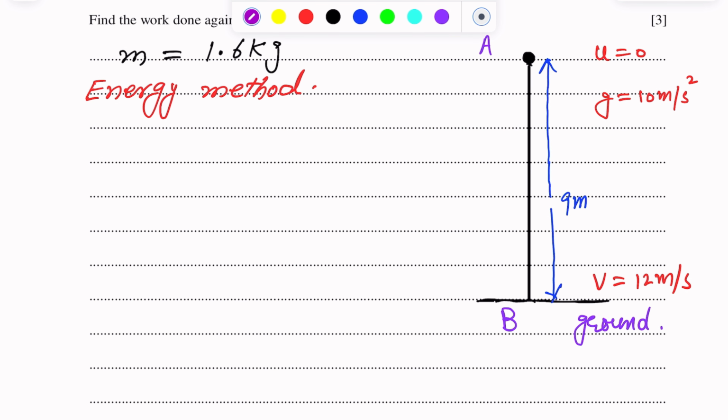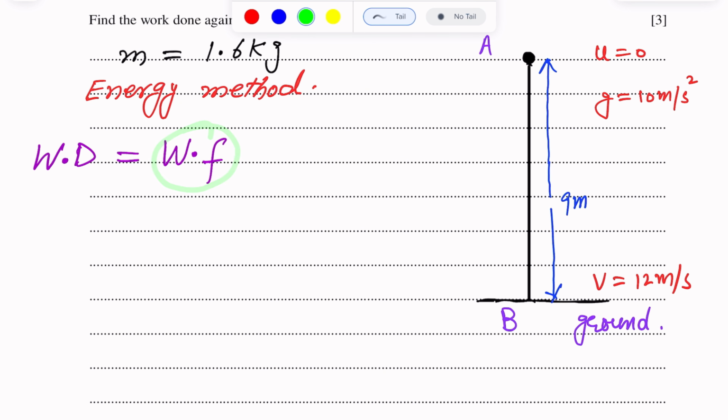WD means work done by driving force is equal to work against friction, Wf shows work against friction, plus change in mechanical energy. We use delta for change in mechanical energy. Work done by driving force is equal to work against friction plus change in mechanical energy.